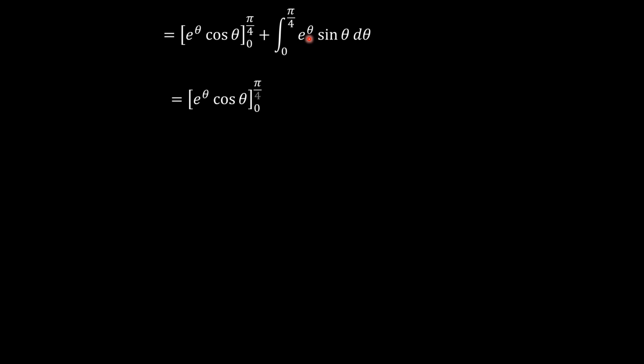We do the same process, repeat it, and re-express e to the theta as the derivative of e to the theta, and then you continue by saying, okay, the product of uv is e to the theta sine theta minus the integral of e to the theta times the derivative of sine theta, which is cosine theta. And we realize that this is the same integral we started with, so we could call this I, and on the left hand side we would have an I, obviously.